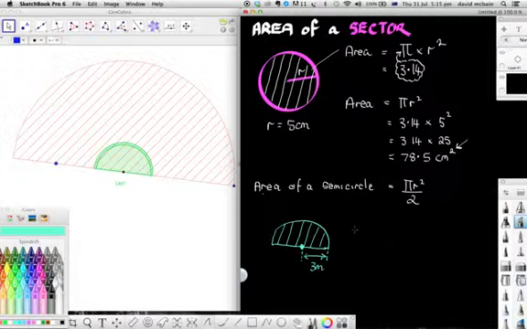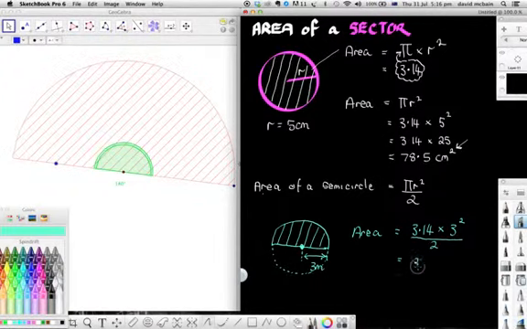Well, the area of the semicircle would equal the area of the imaginary full circle. We just imagine completing that. So the area of the full circle, but halved or divided by 2. So it would be 3.14 times the radius, which is 3, squared, but then our answer would be divided by 2. So that will be 3.14 times 9 divided by 2.